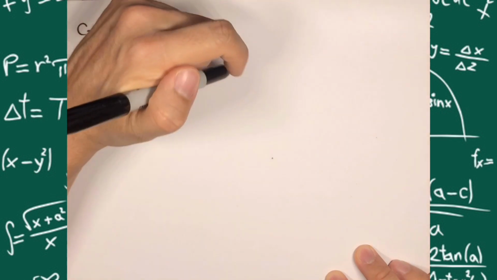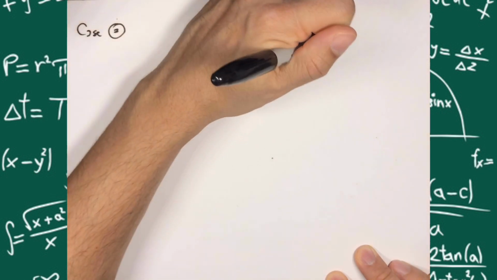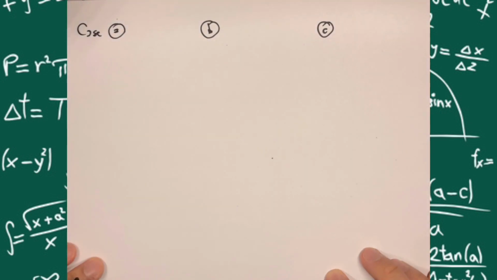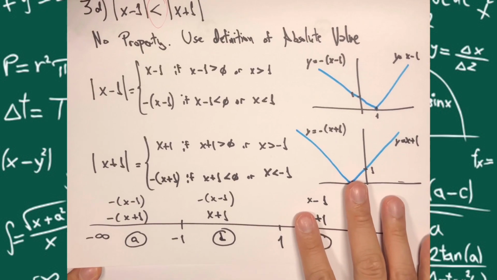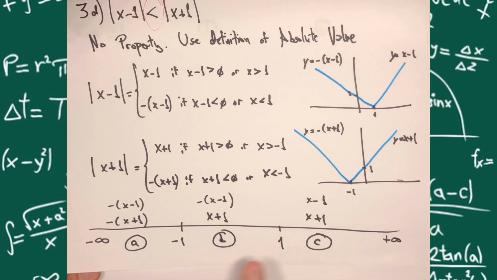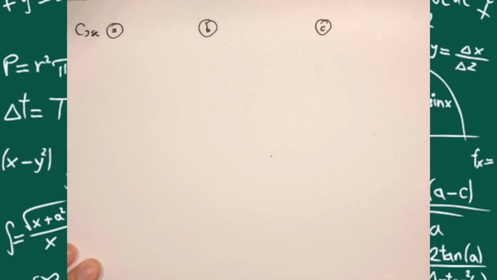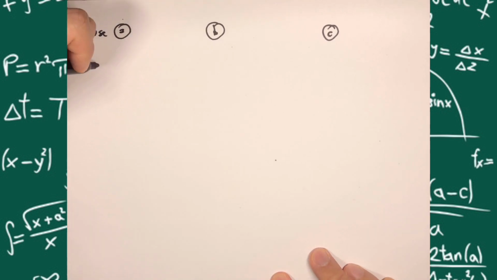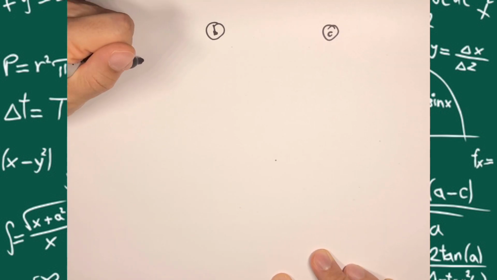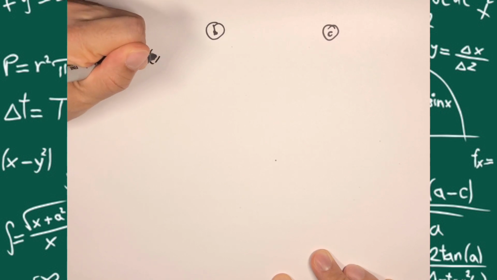So we're going to write case A, case B, and case C, and we're going to solve 3 separate inequalities, based on the location that we found before, based on the definition of the problem for absolute value. So, going with case A first. We have minus parenthesis x minus 1 less than minus parenthesis x plus 1.